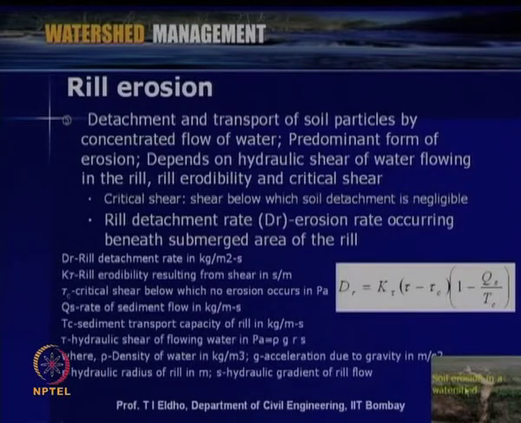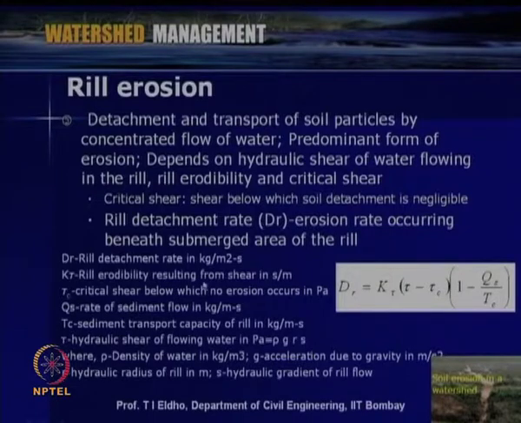Especially when high intense rainfall continues, water keeps coming from different directions, rill erosion takes place, and that becomes a major cause of soil erosion. Then the rill detachment rate Dr is defined as the erosion rate occurring beneath the submerged area of the rill, as shown here.